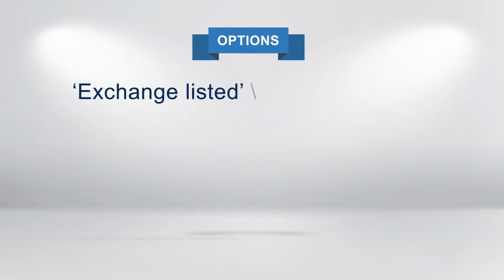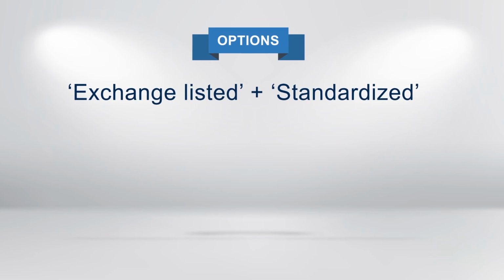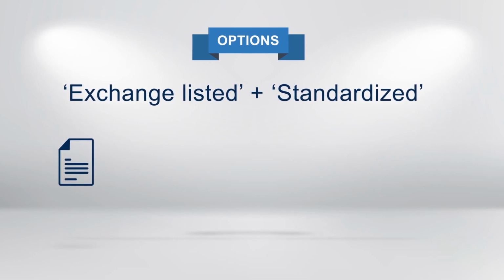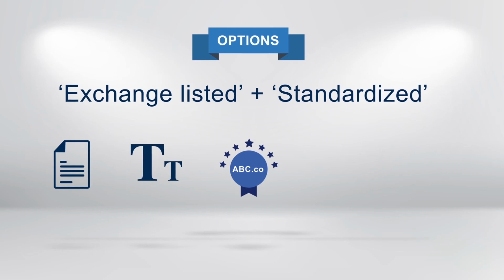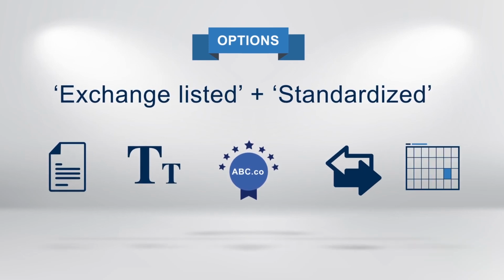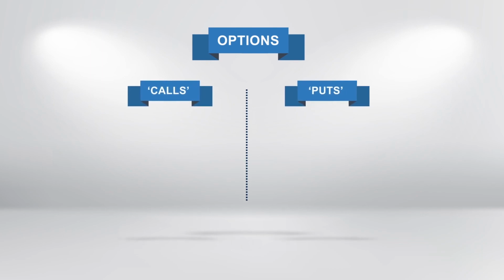Option contracts are exchange listed and are standardized in terms of their type, style, underlying stock, exercise price, and expiration. The two types of options are calls and puts.